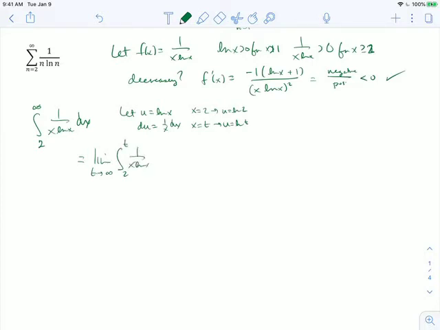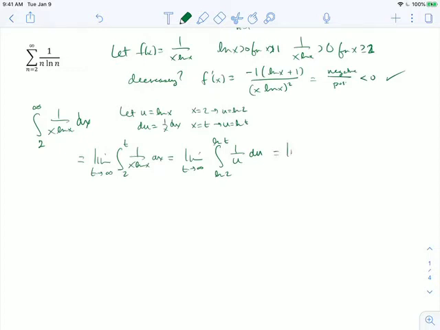So if I had written this step first, now after I substitute, it's going to be the limit as t goes to infinity, integral from natural log of 2 to natural log of t, 1 over u du.